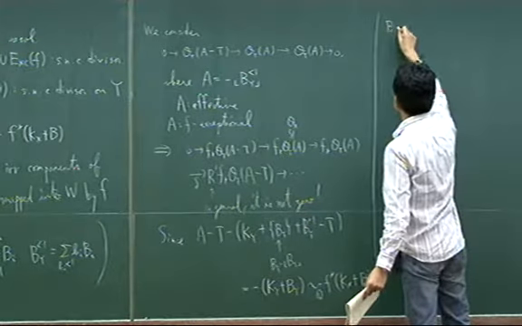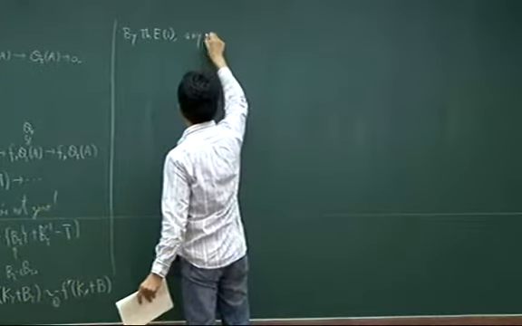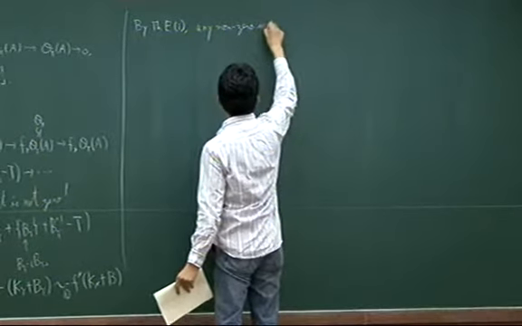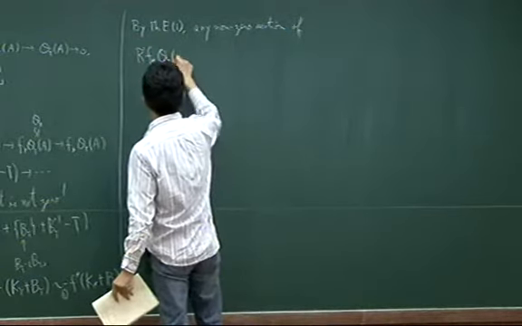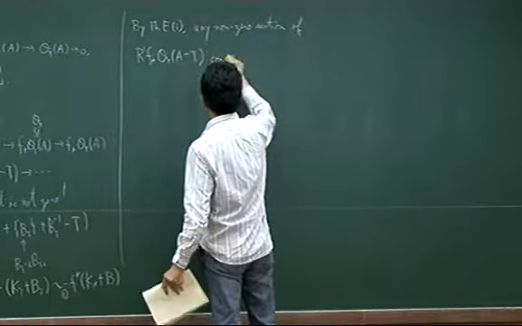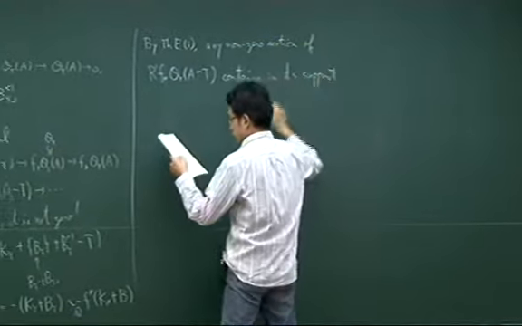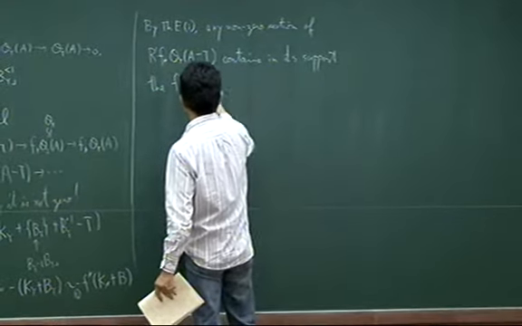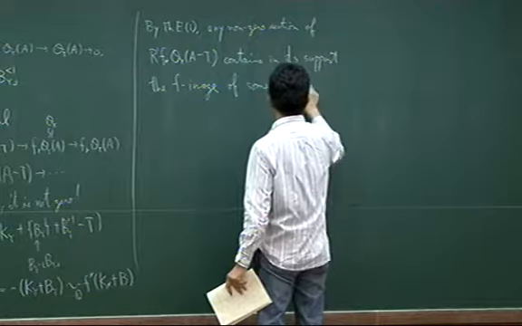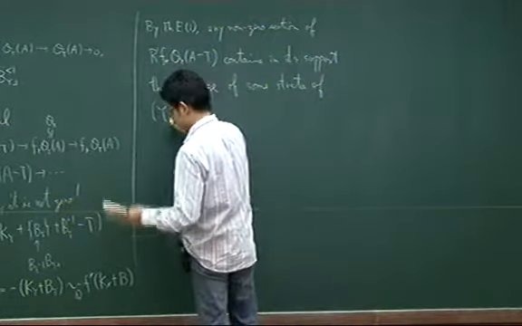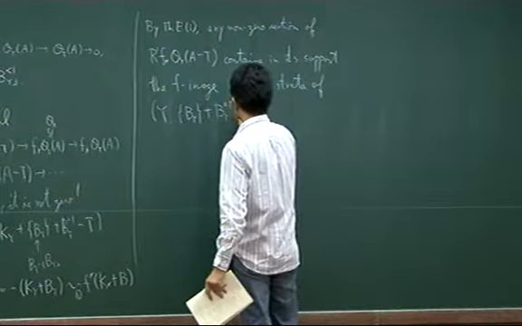So by theorem E1, any non-zero section of this R^i f_* O_Y(A minus T) contains in its support the f-image of some strata of (Y, fractional part of B_Y plus B_Y^{=1} minus T).